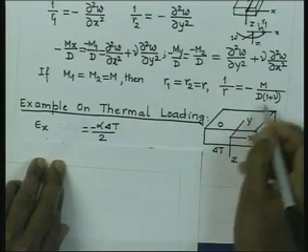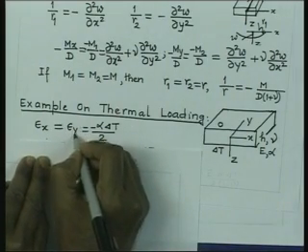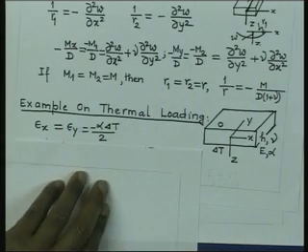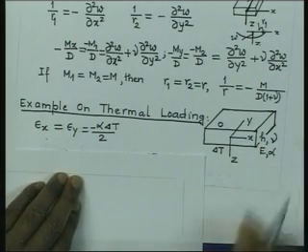And similarly, in this direction also we are going to get same strain. So, epsilon x epsilon y is equal to minus alpha delta T by 2. So, that is at z is equal to minus h by 2.